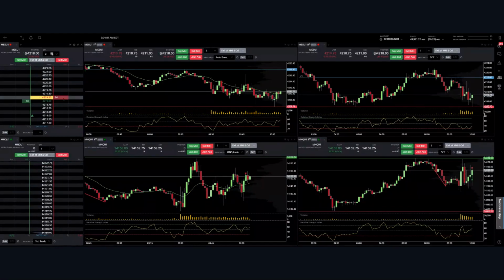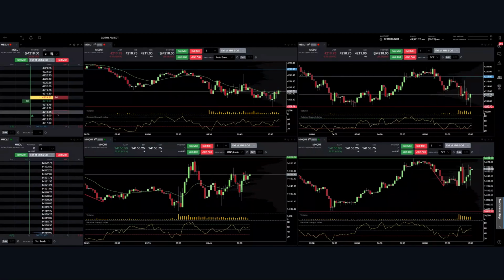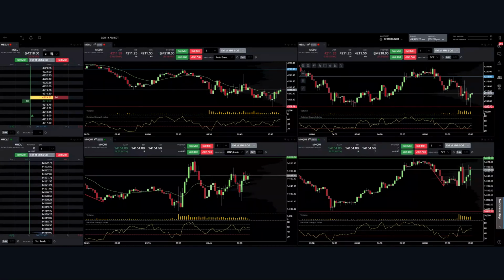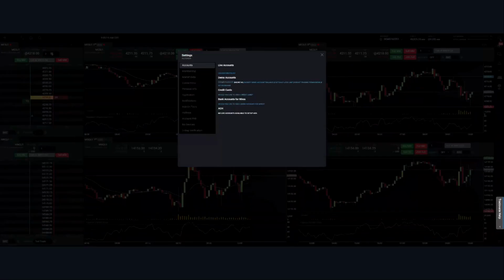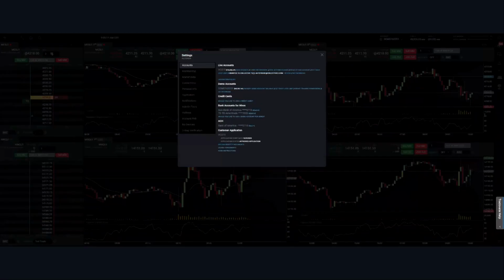I'm cheap, so I pay for the lowest cost, $3 a month, so I don't have the depth here in the DOM. You can change that by going to this section here, and this is where you get your market data.